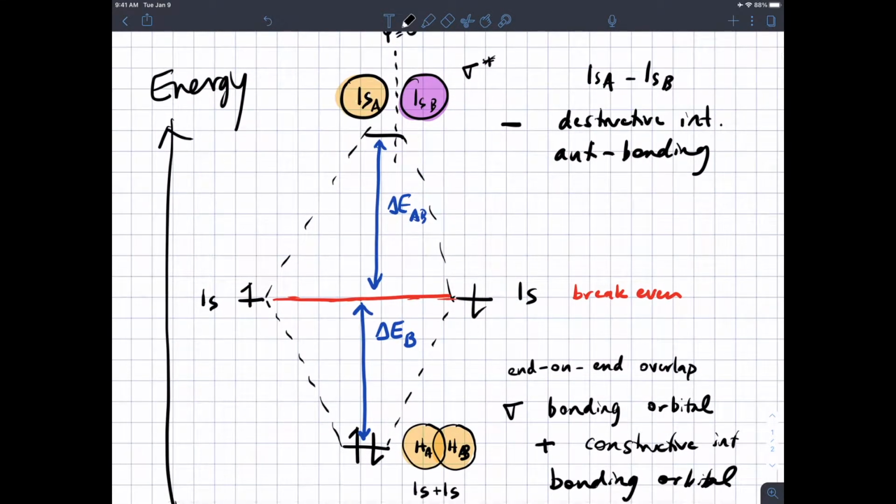So the new thing for MO theory was that we have to also consider this minus combination of the two original atomic orbitals. We call that destructive interference. Because you're subtracting one from the other, there is a difference in the mathematical sign of the wave function on one side versus the other side.